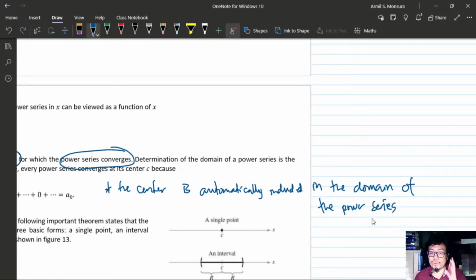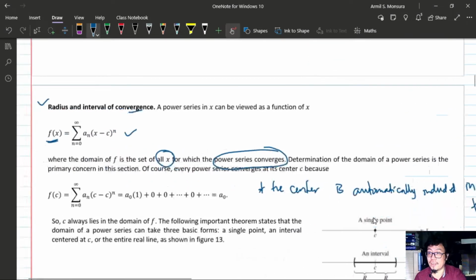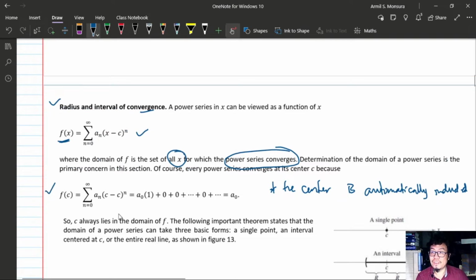All power series converge at their center. And its proof is this one. If you substitute c into your function, it would have a value of a0. So your power series would converge when x equals c, and it would have a sum, which is a0. So therefore, this center is always included in the domain. So c always lies in the domain of f.